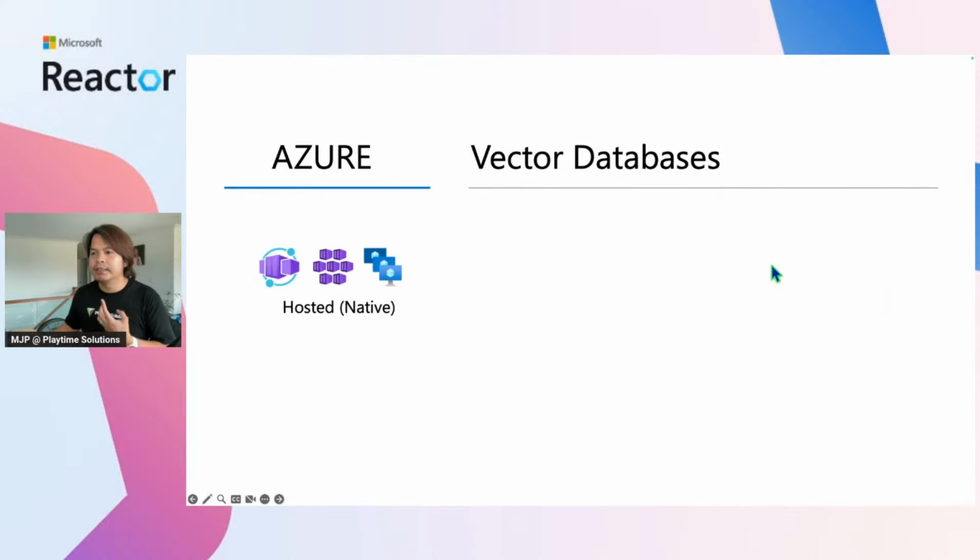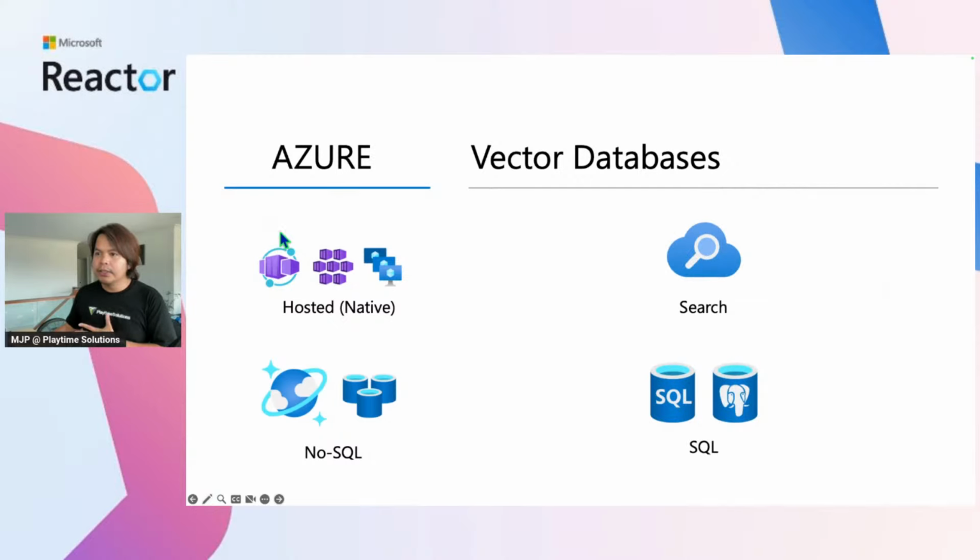But for today, I'll be talking about Qdrant. Just to recap, in Azure, there is no native vector database at the moment. So there's nothing like Azure Vector DB that doesn't exist at the moment.